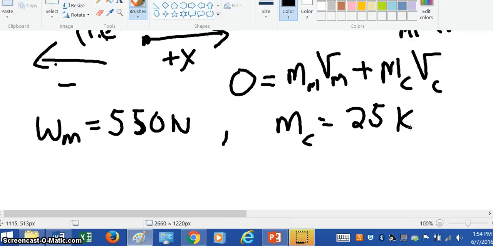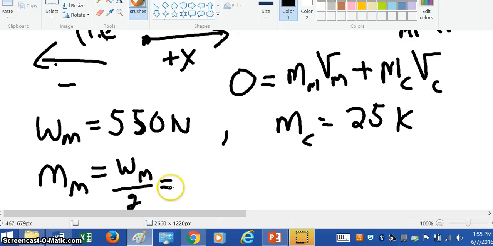Now notice I gave you the weight of the mother, but of course, if you know the weight is equal to mass times little g, then the mass of the mother is equal to the weight of the mother divided by little g.